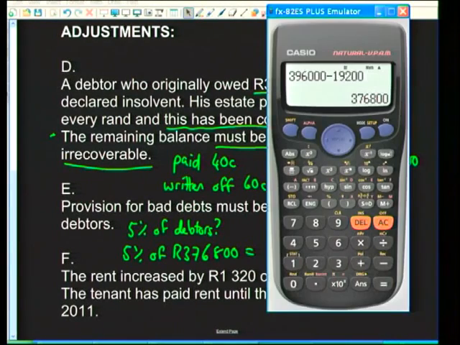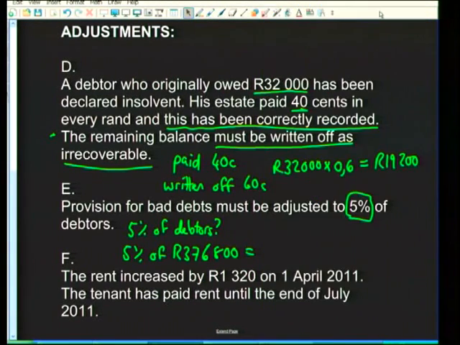So what we can do is we can take that 376,800 and multiply it by 5%, which is 5 over 100. And the answer comes to 18,840. So that 18,840 is what our provision for bad debts should be. We want it to be 5% of the 376,800, so we want it to be 18,840.